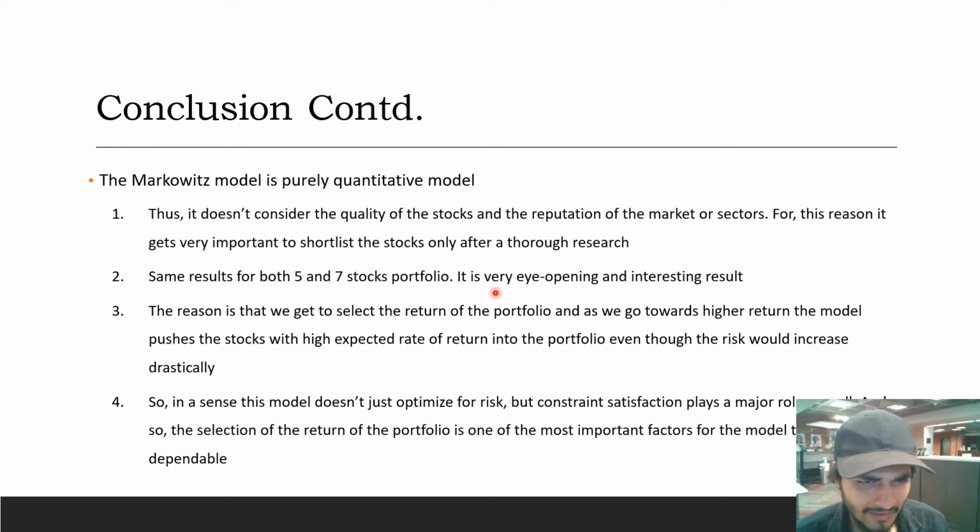The reason is that the model is highly based on the fact that it addresses the relationship of different assets of the portfolio, as well as we get the chance to select the return of the portfolio. And as we go towards the higher rate of return, the model pushes the stocks with high expected rate of return into the portfolio, even though the risk would increase drastically as a result.